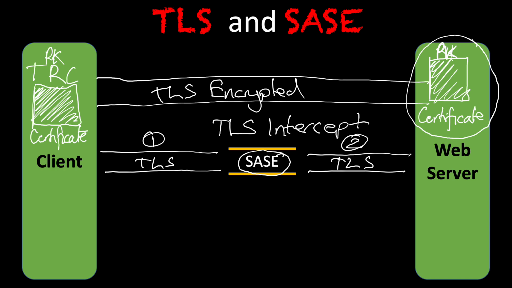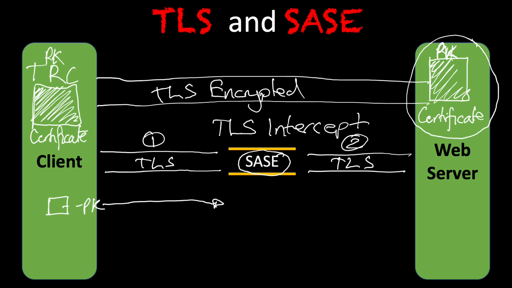If I flow the traffic through, let's take an example. The client generates a message and encrypts it using the public key of the SASE-issued root certificate, then sends it to the SASE platform.